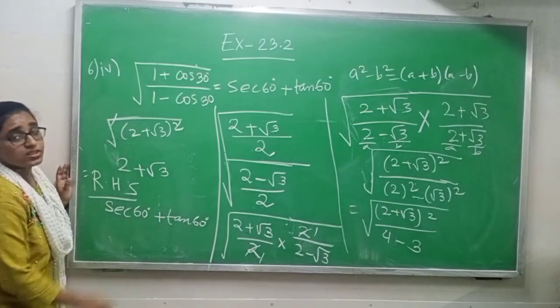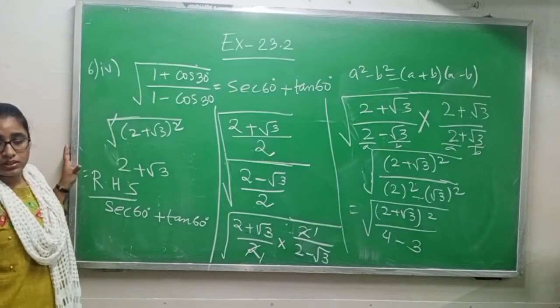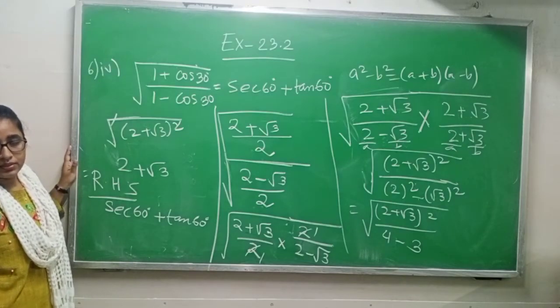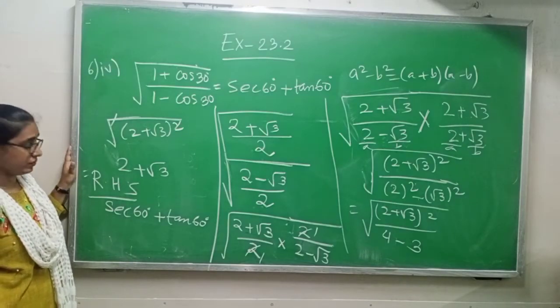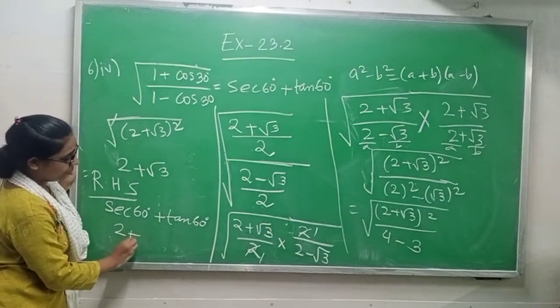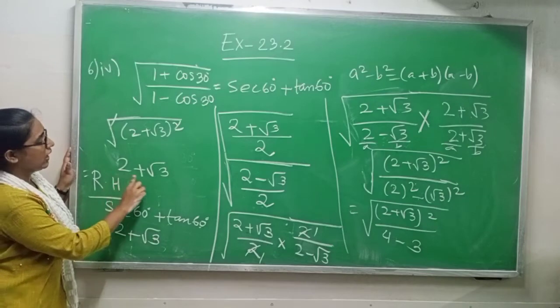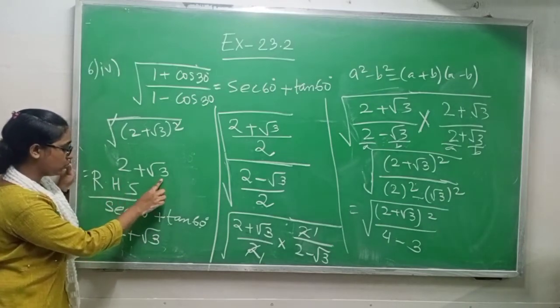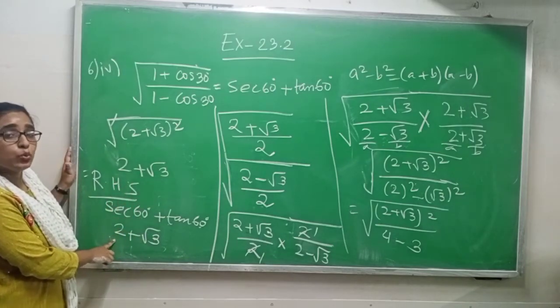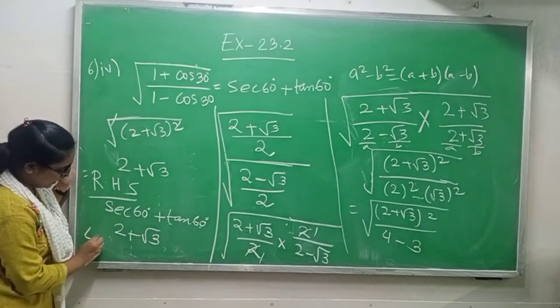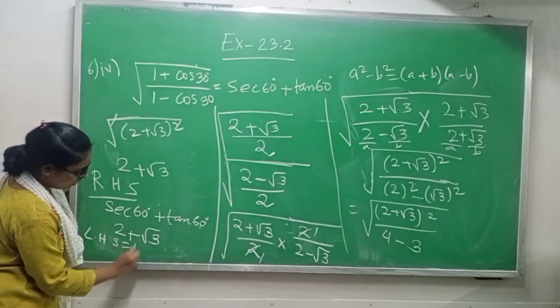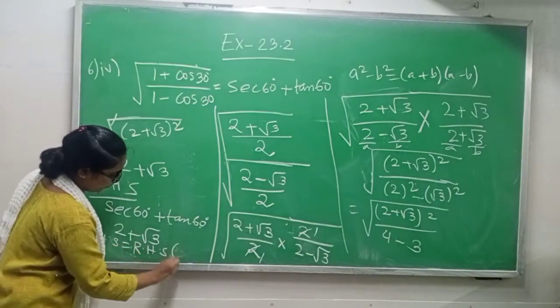Okay. Sec 60 degree value is how much? Sec 60 degree value is 2 and tan 60 degree value is root 3. Now you can see, in LHS you are getting 2 plus root 3, as well as in RHS you are getting 2 plus root 3. Then you can write LHS equals RHS.